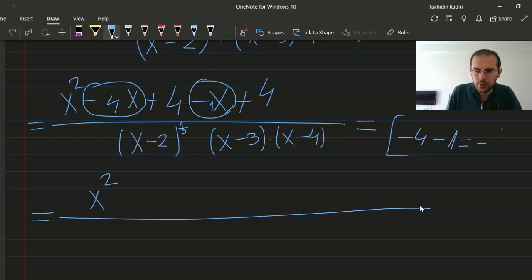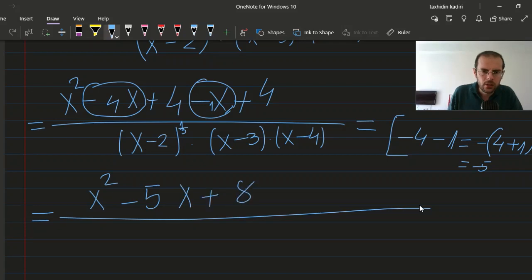Here minus, we can have the common factor, because minus multiplied by plus is minus, minus multiplied by plus is minus. Here it's minus 4. Minus 5, sorry. Here minus 4 and minus 1 is minus 5x. 4 plus 4 is 8.